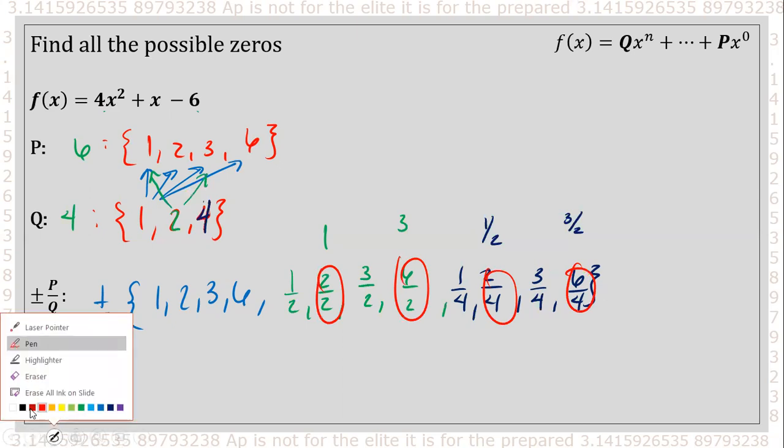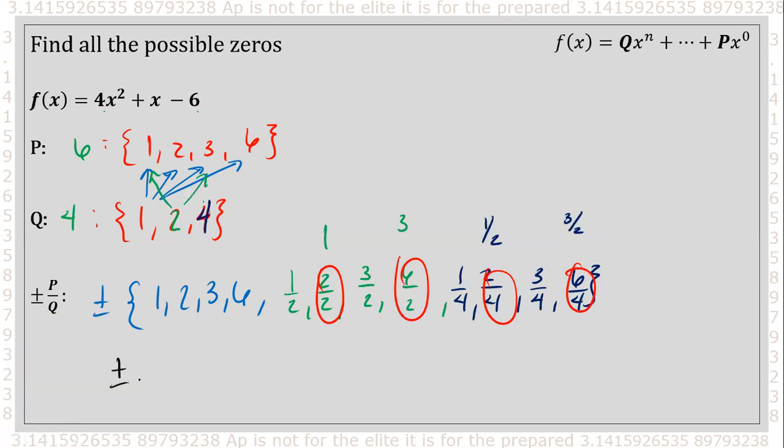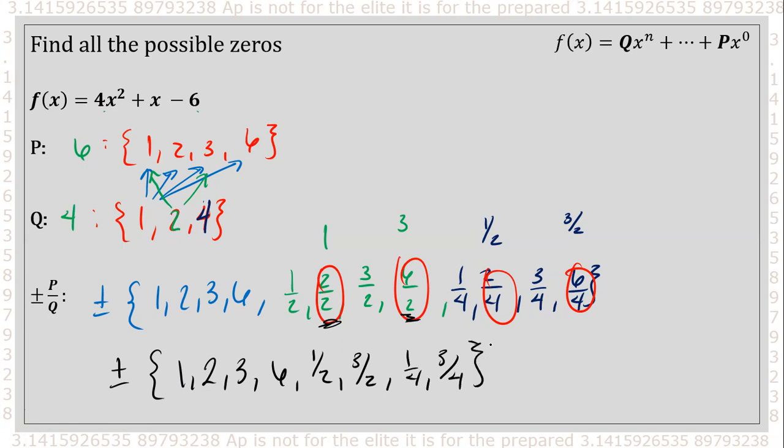So in reality, our answer should be plus or minus, right? We want both positives and negatives. So 1, 2, 3, 6, 1/2, 3/2, because I'm not counting these, because I've already accounted for them. 1/4, 3/4. Okay, so for this example, we have 1, 2, 3, 4, 5, 6, 7, 8 positive, and 8 negative.